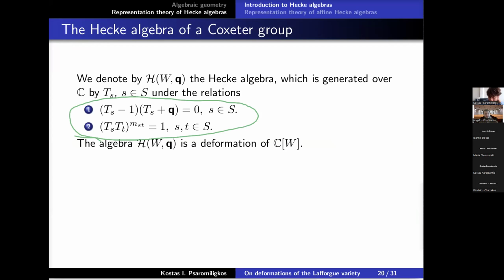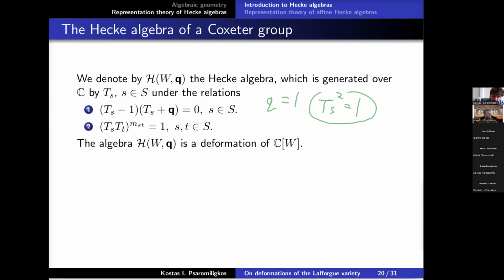And we always say it's a deformation of the group algebra. Why? Because if you put q equal to 1 here, you get T squared is equal to 1. So if you have T squared equal to 1 and this relation, these were basically your relations in the group.